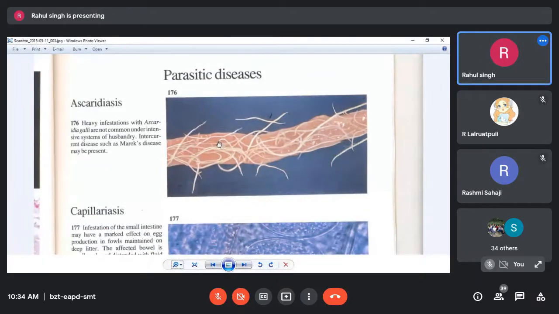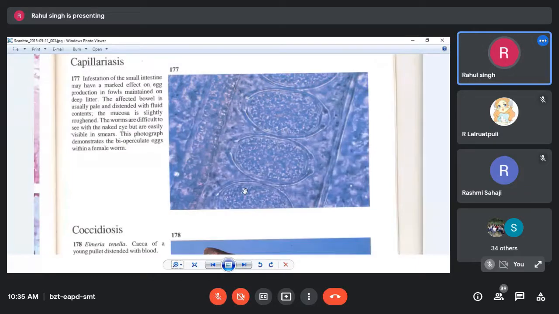If you open up the intestines, you will find numerous of these parasites present in the intestine, and they literally block the intestinal lumen. They compete for the nutrients. They replace the normal epithelium because of their presence. The normal epithelium cannot grow, and they also block the intestine for the passage of ingesta, and eventually the bird becomes weak and dies. In our lab also there is a very good specimen of this.